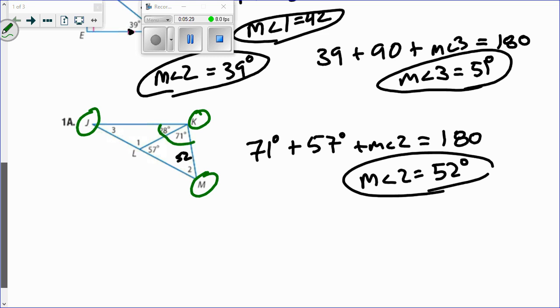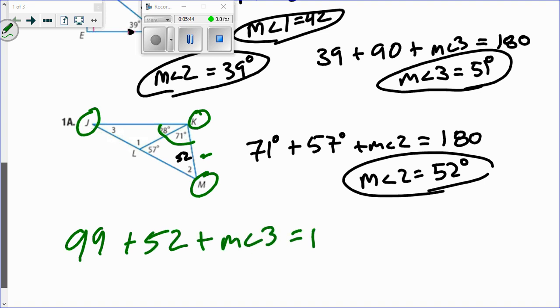Let's get that angle K. 28 plus 71 would be 99. So there we've got a 99-degree angle plus, down here in M, we've got that 52-degree angle that we found. And then plus the measure of angle 3 would be equal to 180. So now we're able to find the measure of angle 3 by 180 minus 99 minus 52. The measure of angle 3 is equal to 29 degrees.